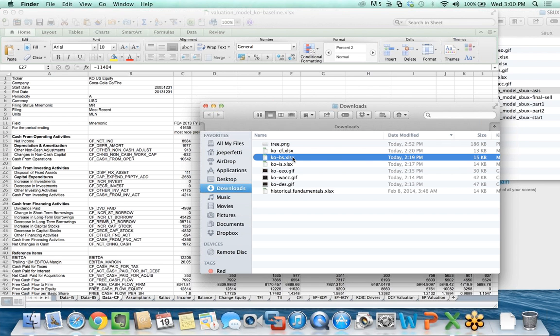The answer is yes, we could have, but the challenge is that you would have to have a Bloomberg terminal on your laptop every time you open the model. Otherwise, the model would give you errors because it tried to get to the Bloomberg database, it wouldn't find it, and then you wouldn't be able to use your Excel spreadsheet.